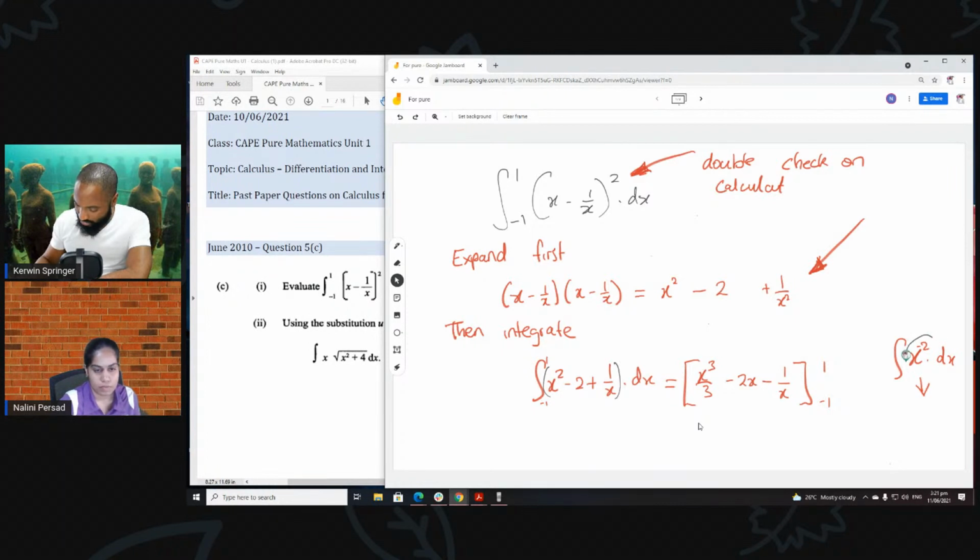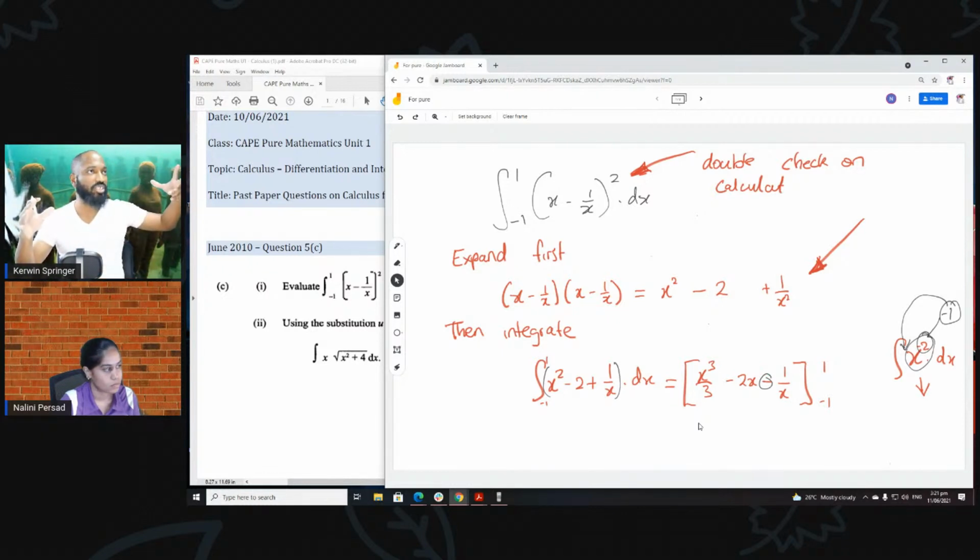So with integration, this power here will go up by 1, so it'll go to negative 1, and then you need to multiply by the new power. So this will change the sign here. Now, if it's blurry, just change the definition on your YouTube.